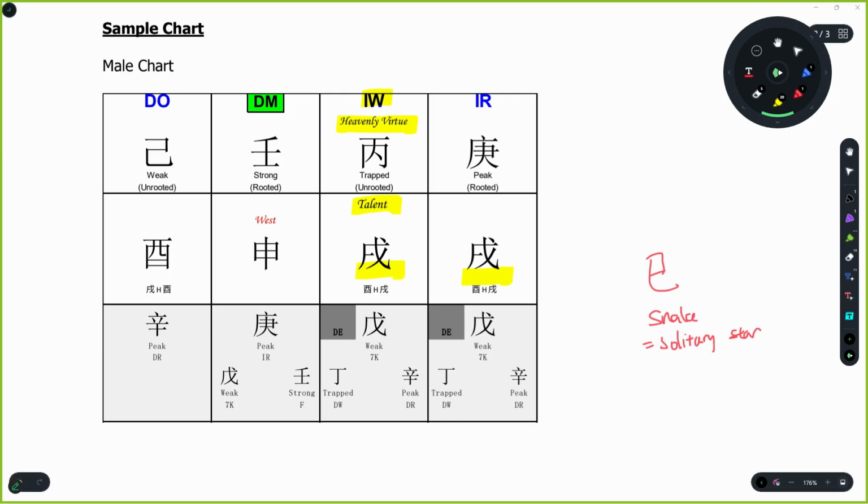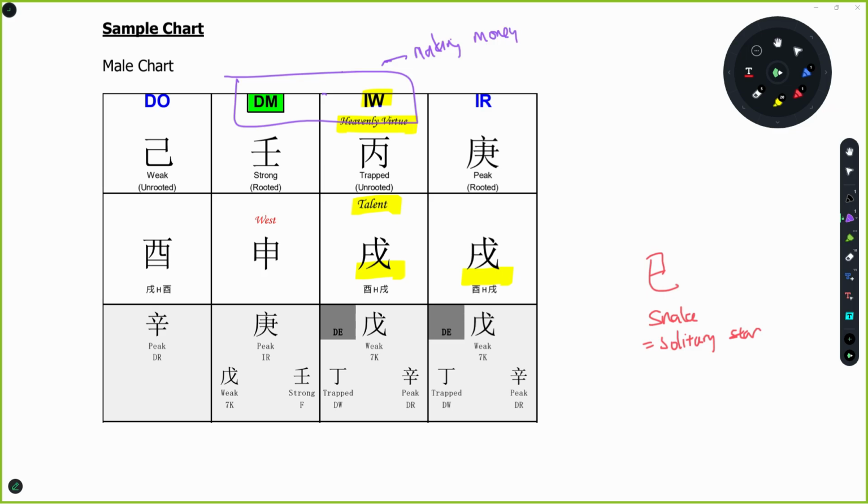Therefore, indirect wealth side by side, they will still be able to make money easily. And here, sometimes with a bit of a detachment, it creates a scenario where making money is easy.